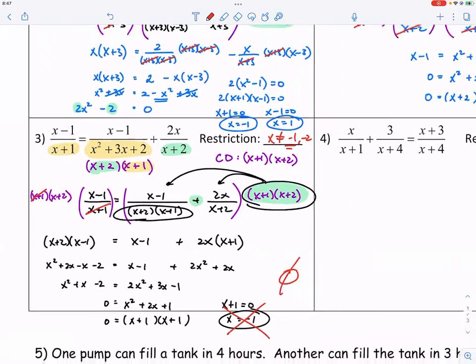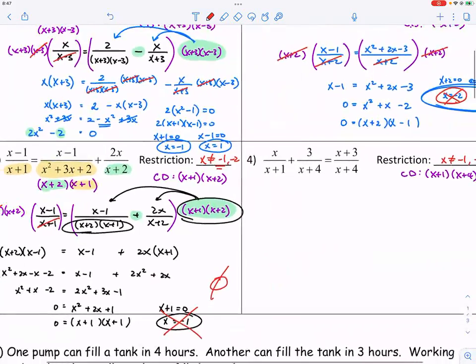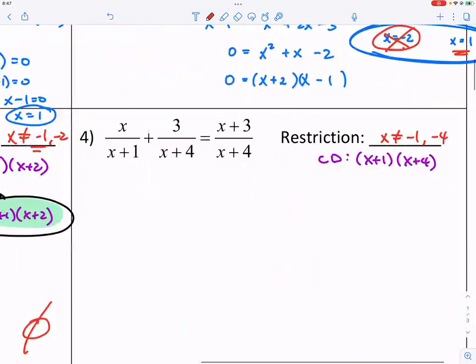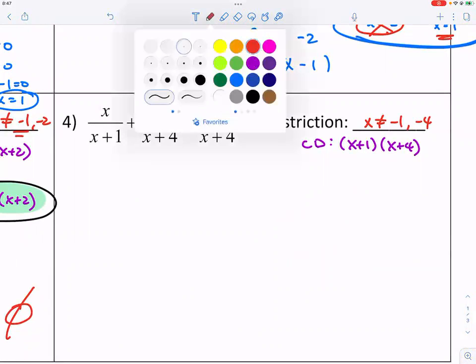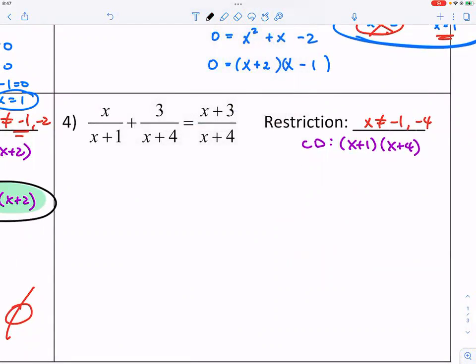All right. So for number 4, you have x plus 3, x plus 4 on the right, and then you have x over x plus 1 plus 3 over x plus 4.